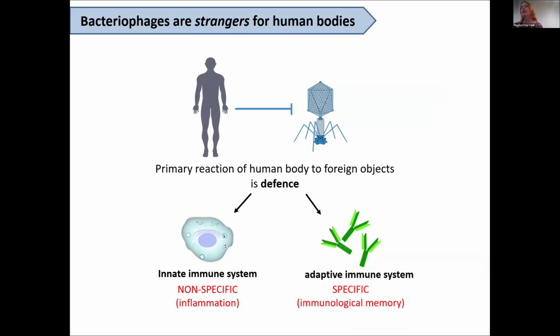This translates strongly to immunological memory, which is really important in the reaction to foreign objects. But what is very important is that they cooperate. This is the traditional understanding, but they cannot efficiently work without each other. And today I'm going to talk a little bit about both parts.